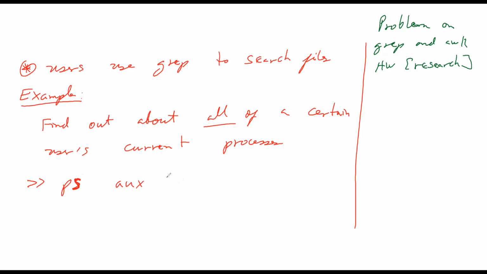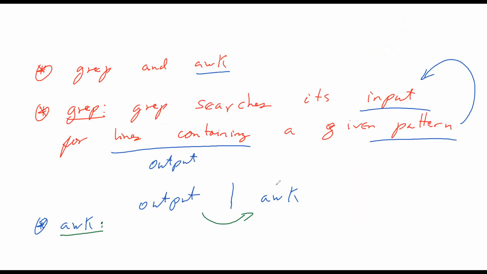So in that case, we want to pipe that output into the next step, which would be grep. We're going to grep all the output that we just got and search for a pattern. In this case, we're going to search for all the lines that contain the word Smith, because we just learned that grep searches its input for lines containing a given pattern, right?